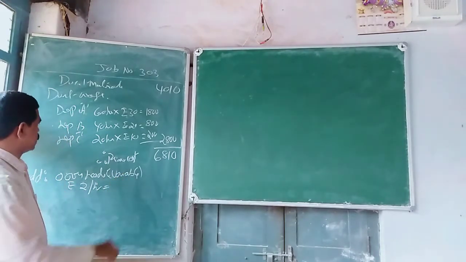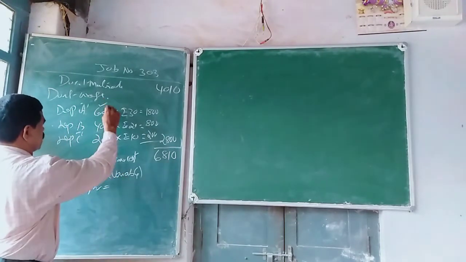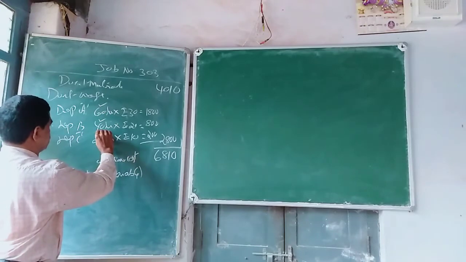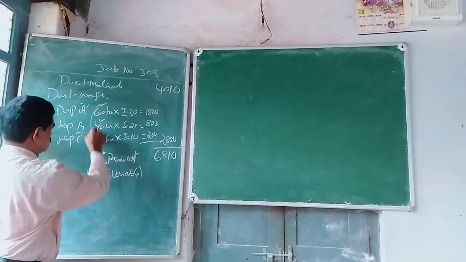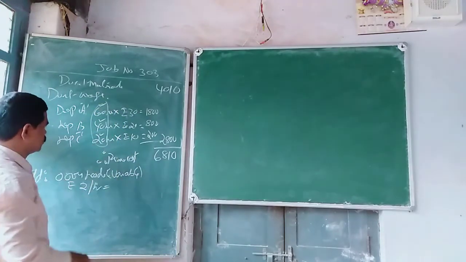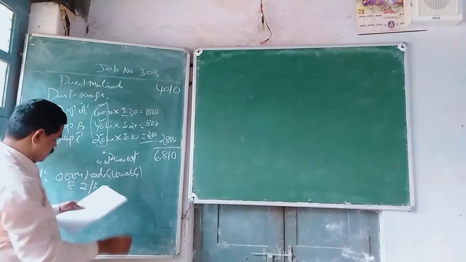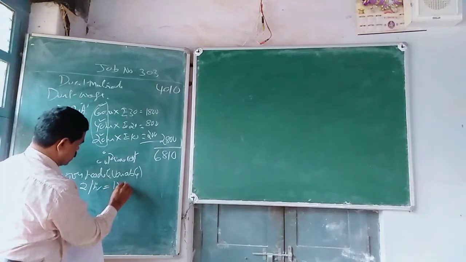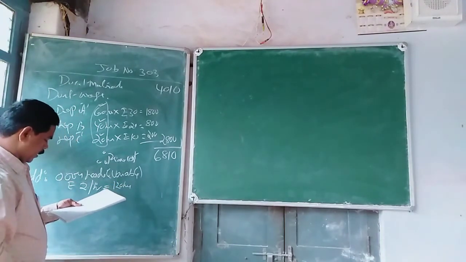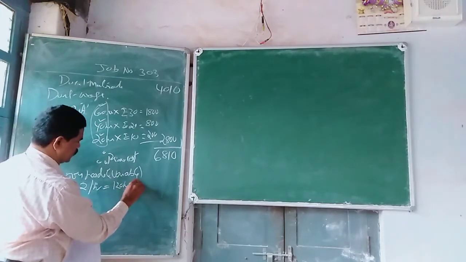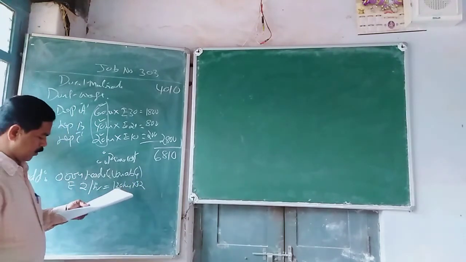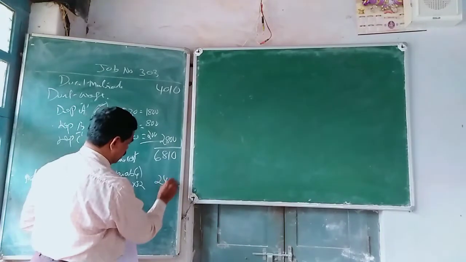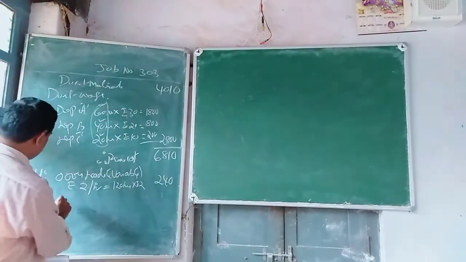Here total hours, say here A 60 hours, B 40 hours, C 20 hours. So this is the total hours, 120 hours. So 120 hours into rupees 2, you will get the variable overheads. It is 240.